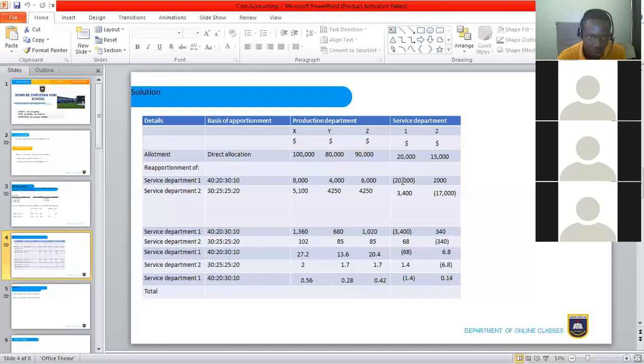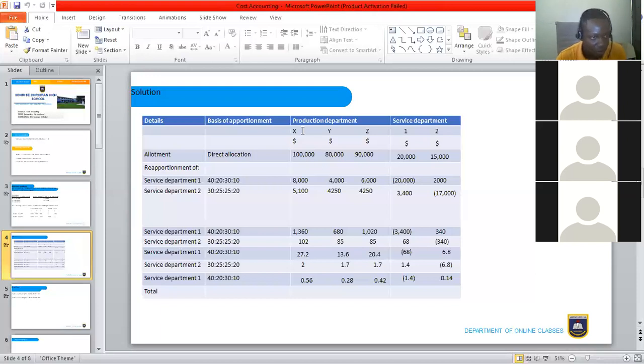It has to do with sharing costs incurred by the service department until it becomes insignificant. And you know, 0 is insignificant. So you must keep sharing the cost until your figure becomes insignificant.